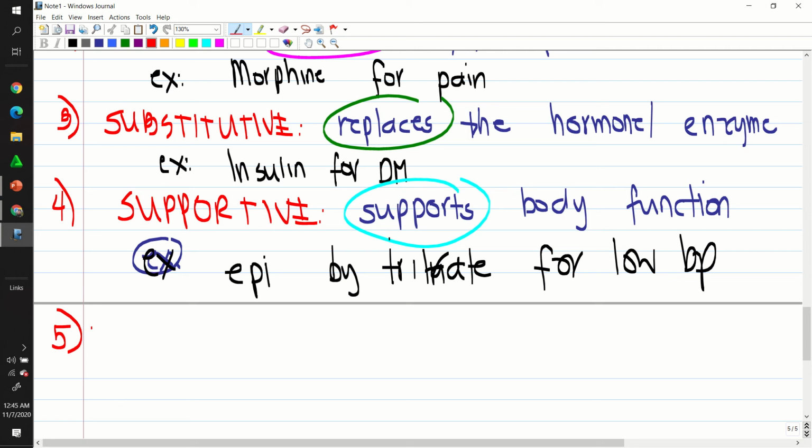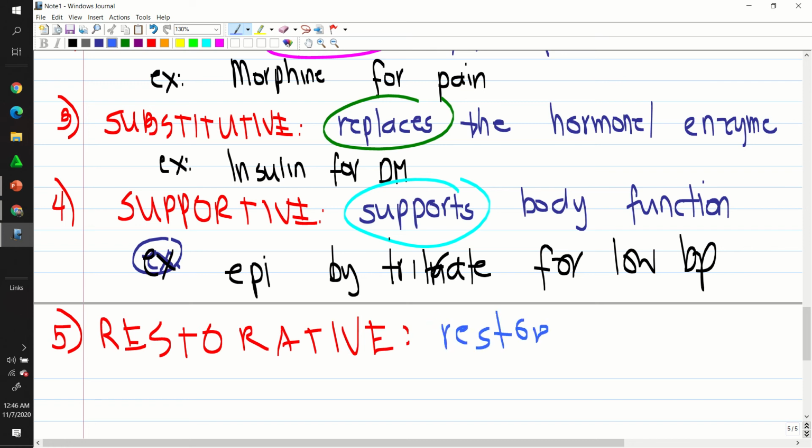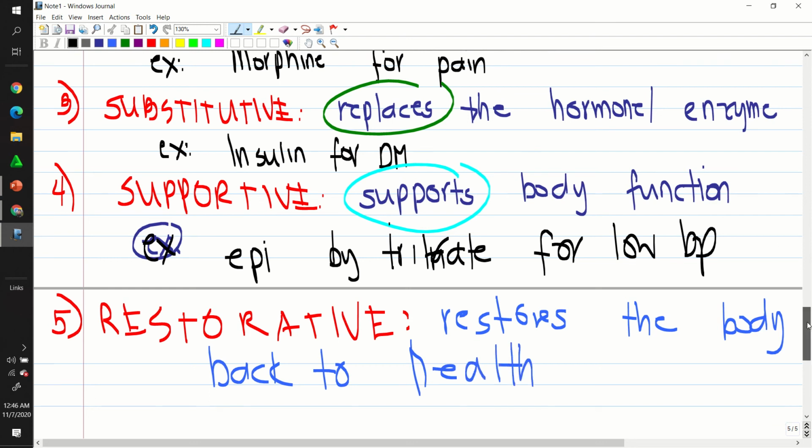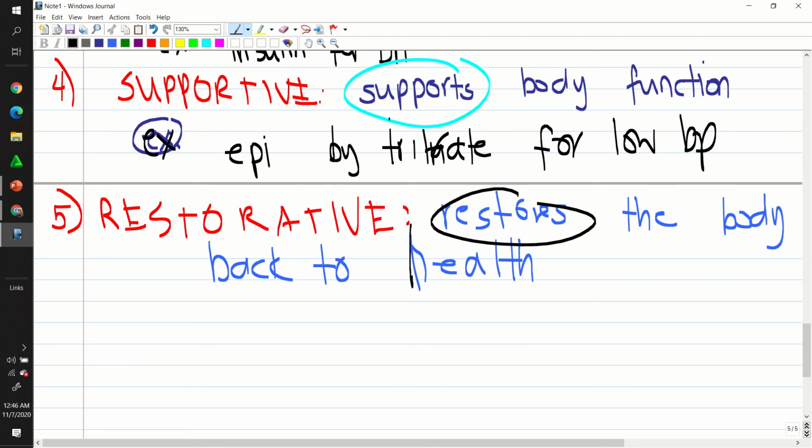Number 5, we have your curative, palliative, substitutive, supportive. What is the other one? Restorative. Yes, very good. Keyword for restorative, obviously it restores the body back to health.